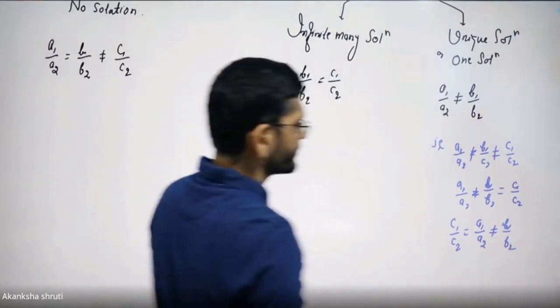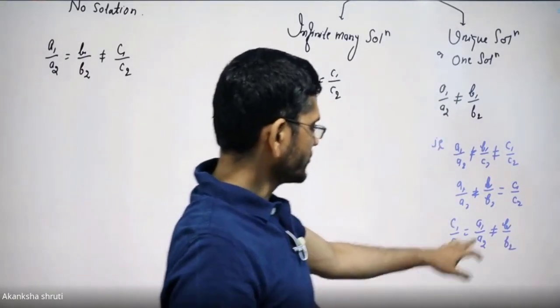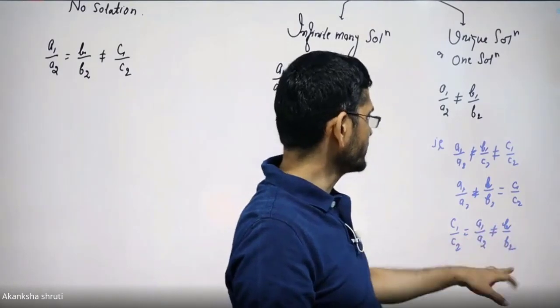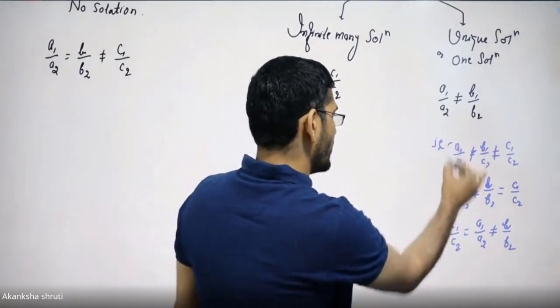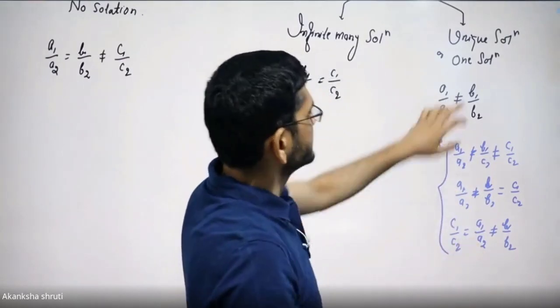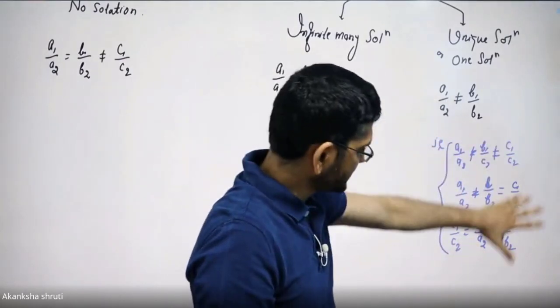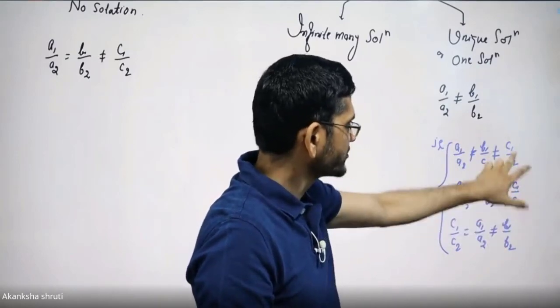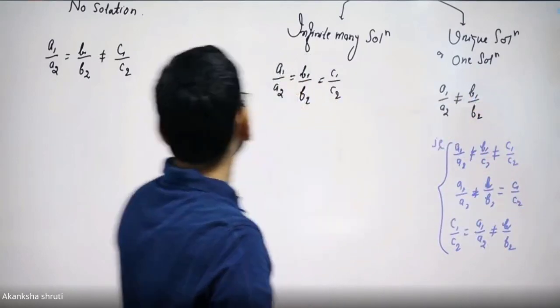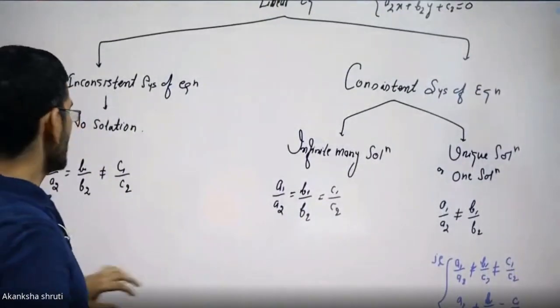So these three things are already included in this statement. Whether these conditions exist or not, no need to check c1 by c2, just check this one. Students, this is how to identify.